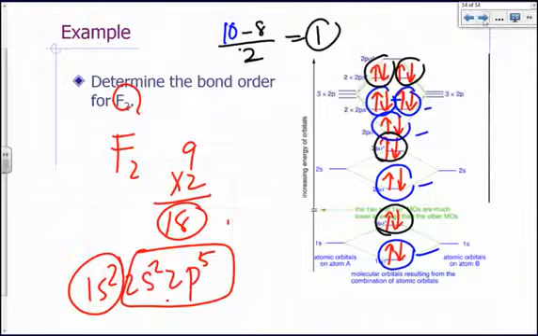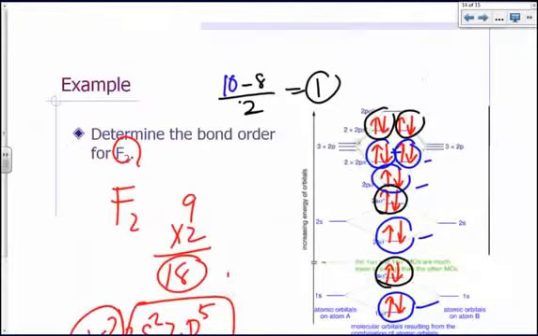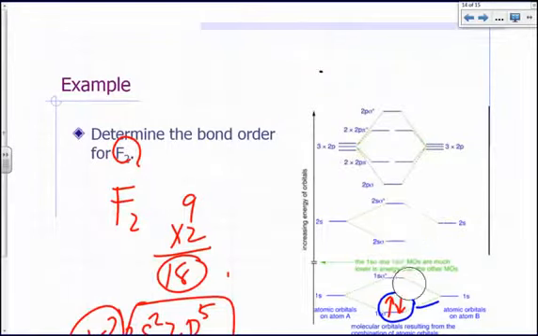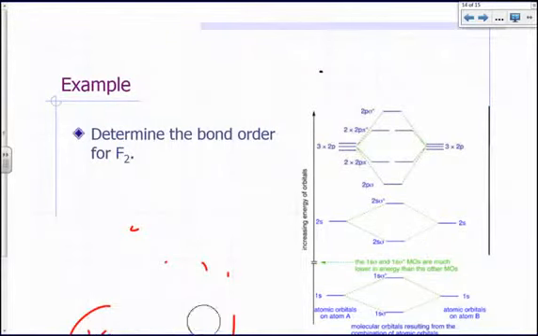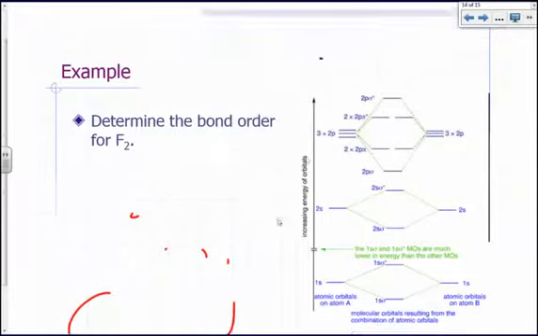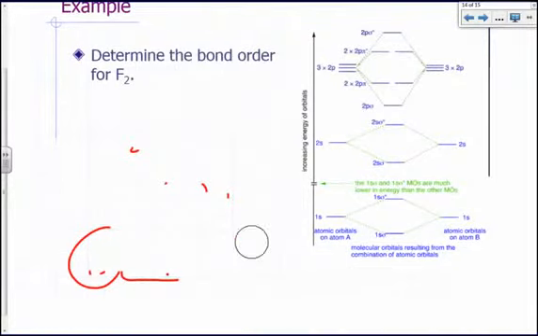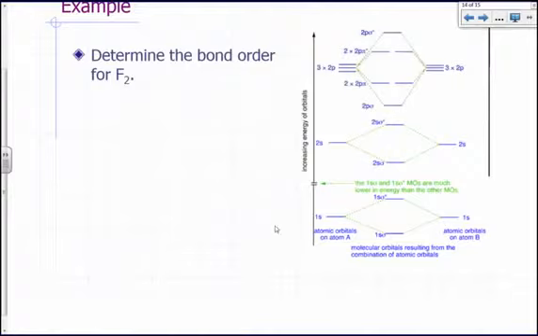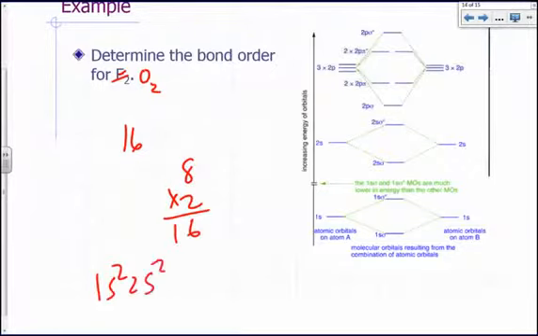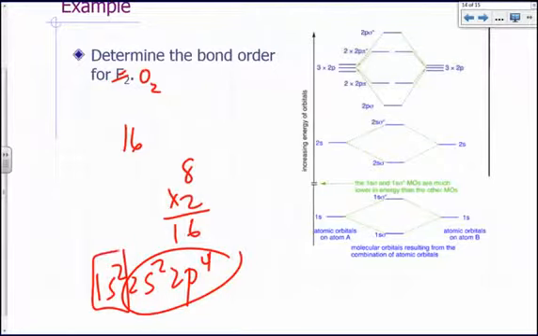Let's do the same thing for oxygen. What will be the bond order for oxygen? Oxygen would be 16 electrons, right? 8 times 2. 1s2, 2s2, 2p4, right? 6 in the valence shell and 2 in the core for each atom.